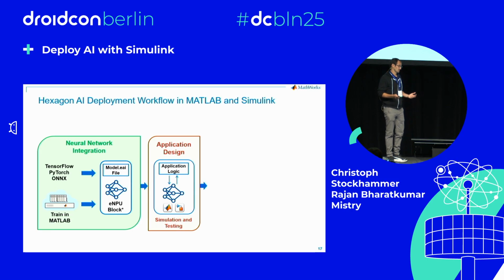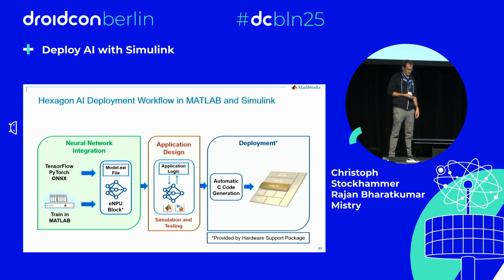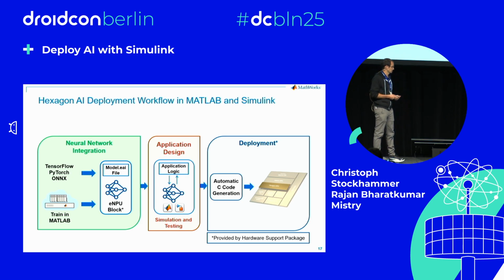So the AI is not on its own. There is some pre and post processing required. So there's a complete application, and we can take this complete thing, simulate it, test it on our development environment, on our laptop basically, and then go ahead and automatically generate C code for the Hexagon NPU. And this is, in a nutshell, what the hardware support package that we offer for download does.